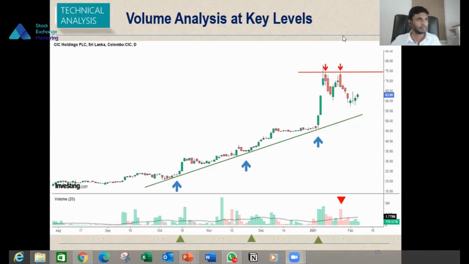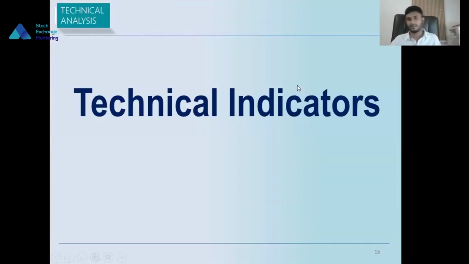Okay, so keeping that in mind, we'll go to the next section, technical indicators. These days, among amateur traders and beginner level analysts, they are excited to use these indicators. You might be seeing so much circulating through social media: Fibonacci levels, Bollinger Bands, MACD, Stochastic.